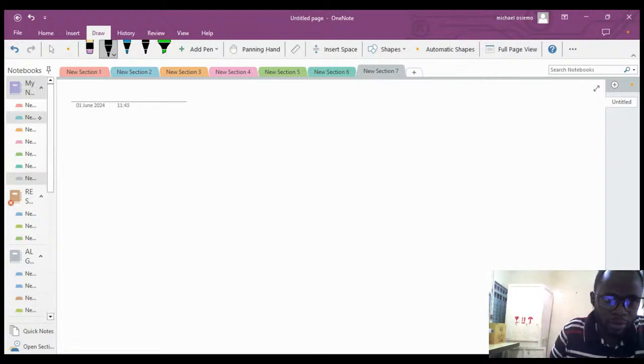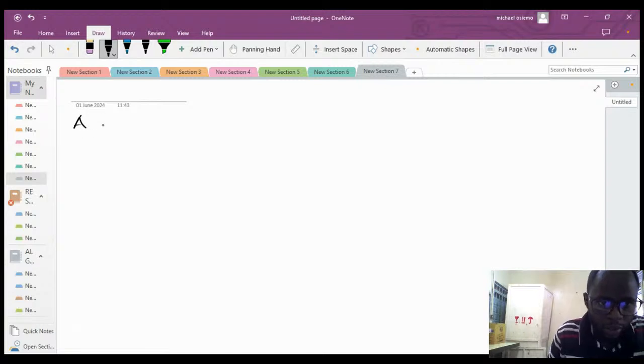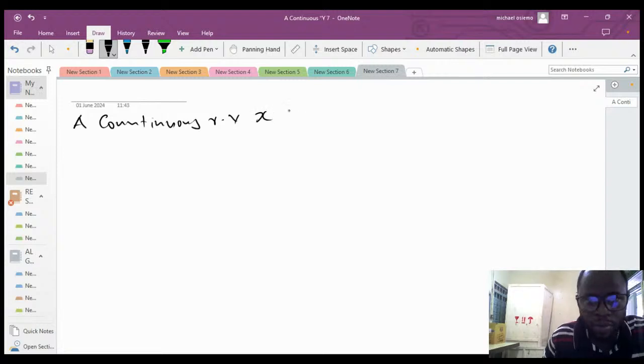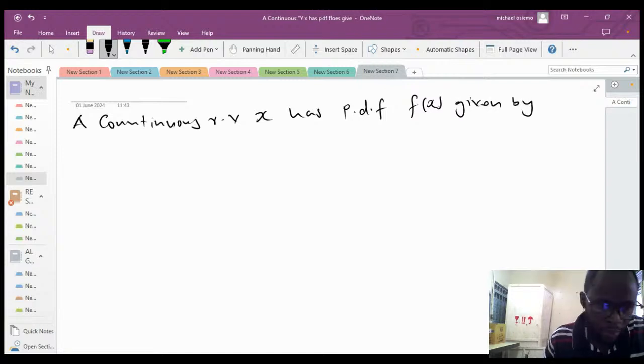The question is: a continuous random variable x has probability density function f of x given by f of x equals k exponential -3x, and 0 elsewhere.